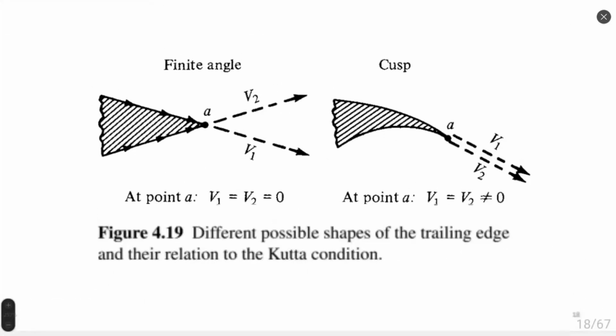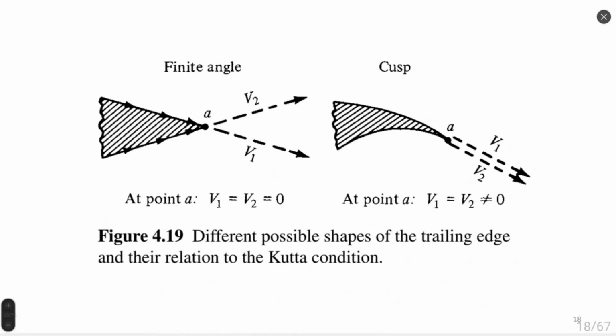Kutta condition is extremely simple. We can find the Kutta condition for 2 different shapes of trailing edge. For finite angle, where these are both trailing edges of airfoil. Finite angle is when we have an angle, some value, right? This theta angle of the body on the trailing edge of airfoil.